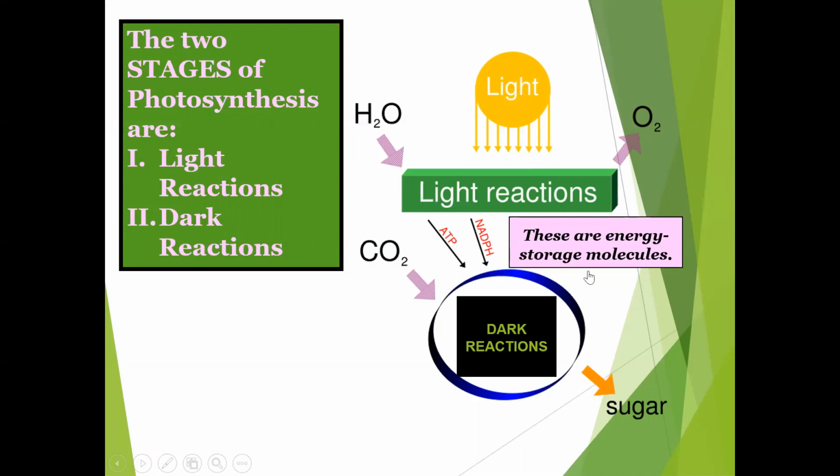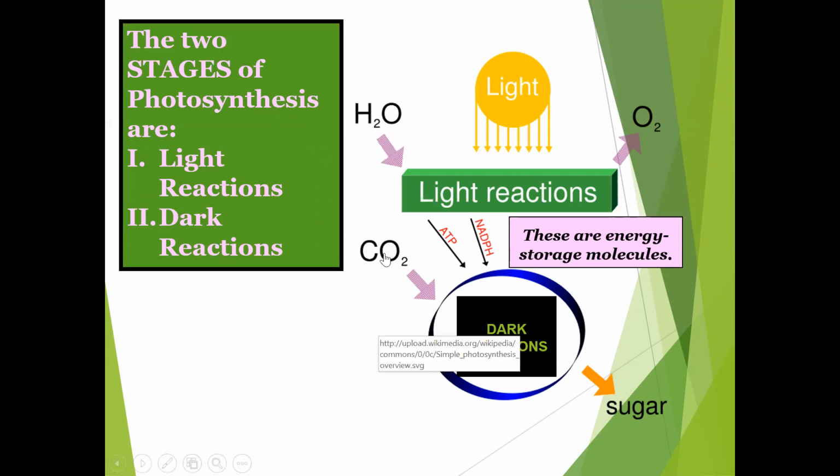Now, these are energy storage molecules. Once we take the light, we are going to need something to carry it. So we need these storage molecules. Sometimes I like to think of them as the bus, okay? They're going to carry that energy, and they're going to drive that bus into the dark reaction.